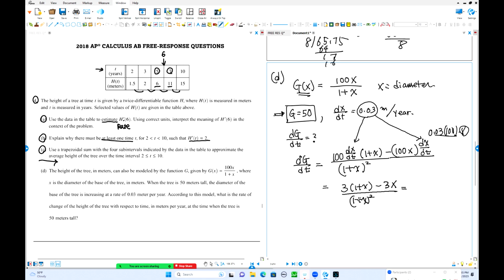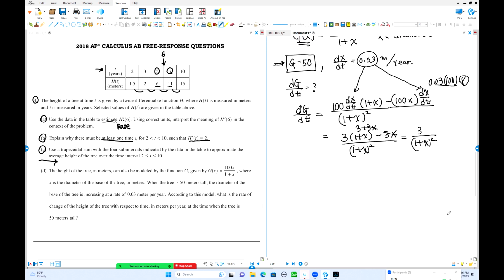Maybe you can simplify this. 3 plus 3x minus 3x is 3, so we get 3 over 1 plus x squared. That is dg/dt.